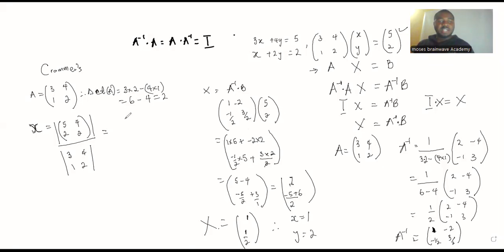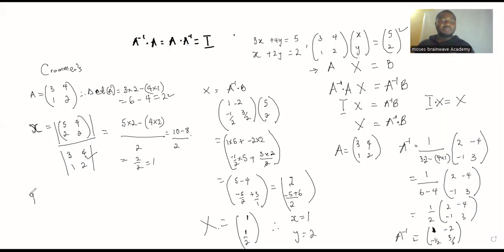I'm going to get 5 multiplied by 2 minus 4 multiplied by 2. And of course, this determinant over here, we have gotten it here, which is just 2. So this should give me 10 minus 8 upon 2, right? This is the same thing as 10 minus 8, which is 2 over 2, which is just 1.